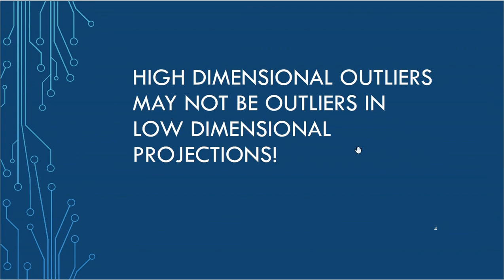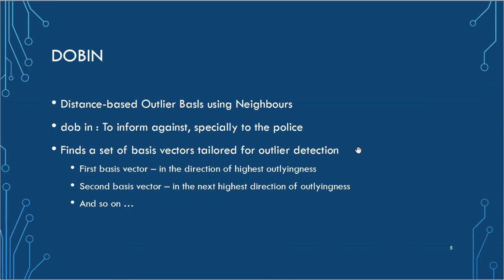And this causes some problems because high dimensional outliers may not be outliers when you project them into lower dimensions. So, for example, things like PCA may not really project outliers as outliers in a low dimensional space, because that's not the purpose of PCA.